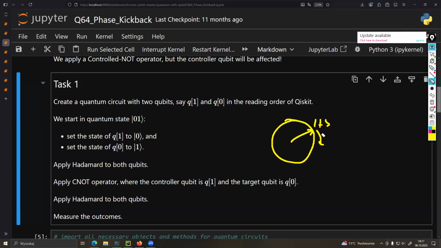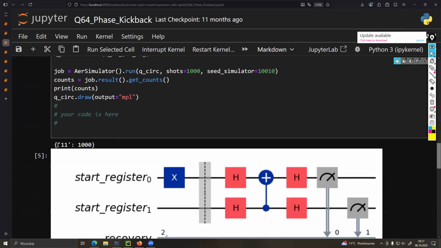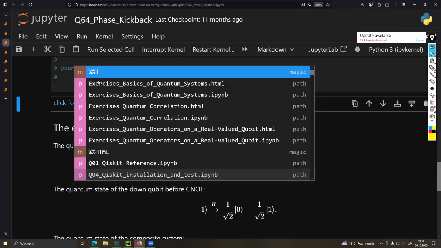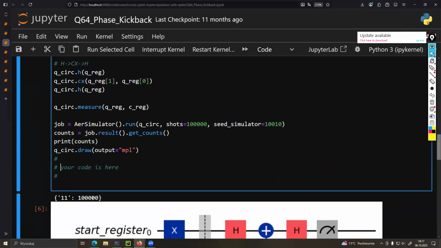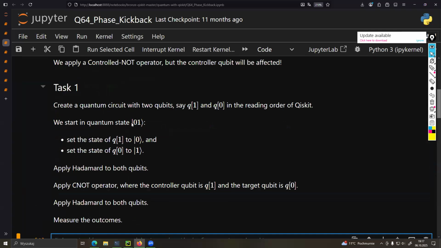What is happening here? It turns out it has a pretty significant implication, and it is playing with our result, because we get 1, 1 when we measure both of these qubits, and we get it always. No matter how many experiments I perform, I will perform now 100,000 experiments, I have 1, 1. Well, that is something else than what I started with, because I started with 0, 1.